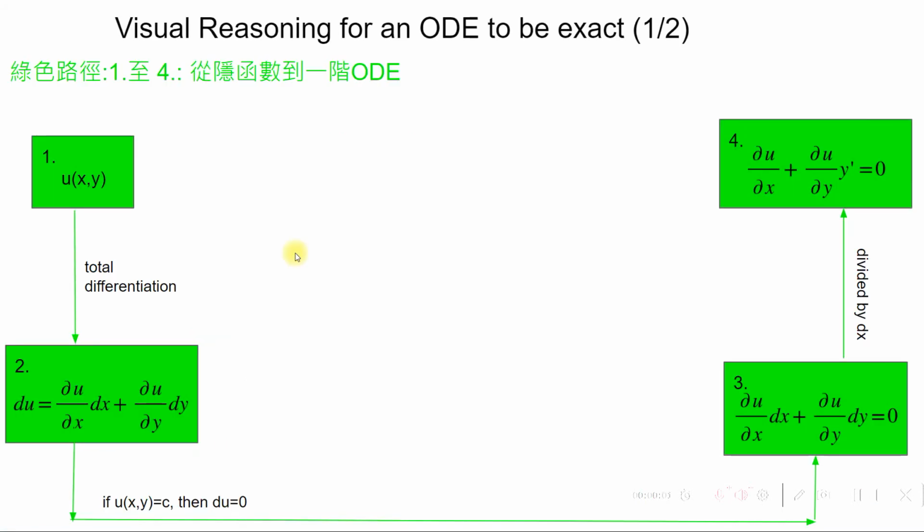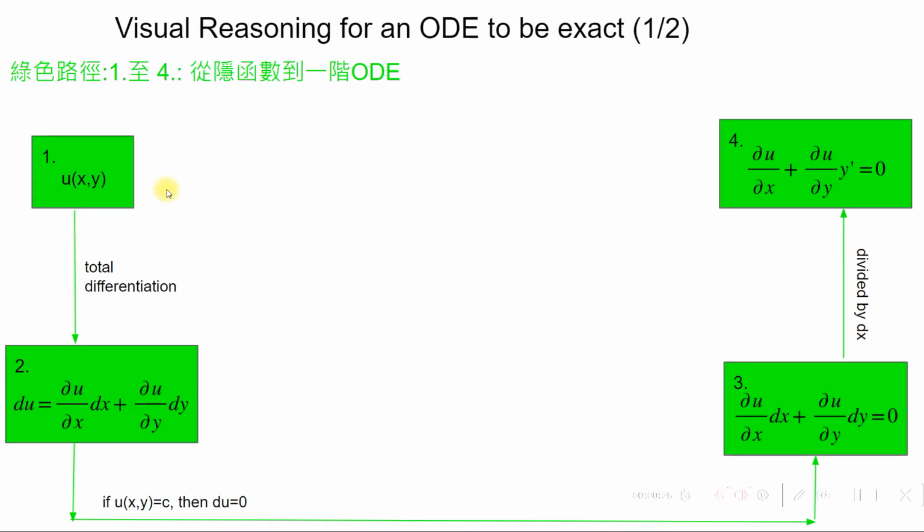From this slide to the next, I want to introduce to you a diagram which embodies a visual reasoning process for an ODE to be exact. This diagram consists of a green route shown in this slide and an orange route in the next slide.